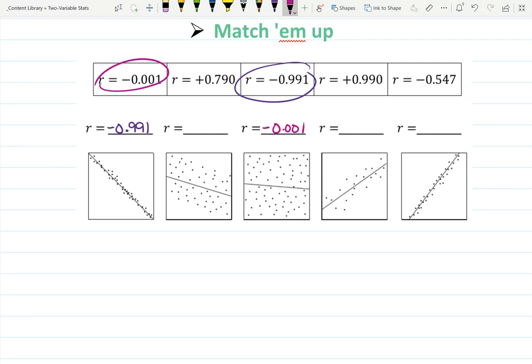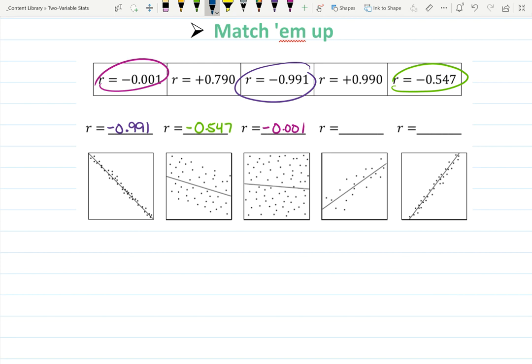All right, so what's our next weak one? Okay, so negative 0.547. Again, it is a negative correlation. It's just not very strong at all. I wouldn't have even given it that strong. This one, we are going up, so a nice positive correlation. Not super strong, but not crazy weak either. We've got positive 0.79 and positive 0.99.